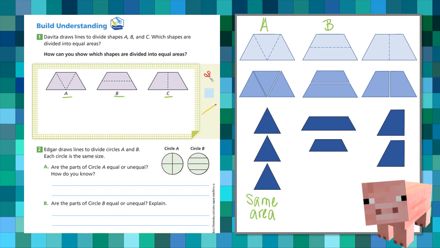For trapezoid B, I compared them, but one was bigger than the other, so they were not the same area. Okay, and what about trapezoid C? For trapezoid C, I flipped one over, and then I compared it, and they were the same size, so they are the same area. Good. Those 2 shapes do have the same amount of space on the inside, so they have the same area.